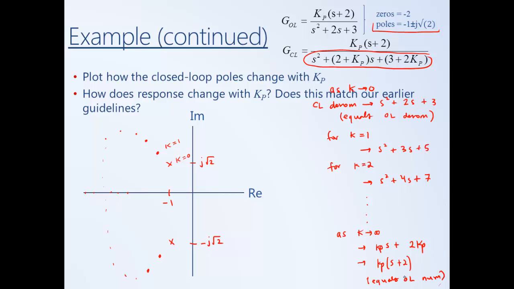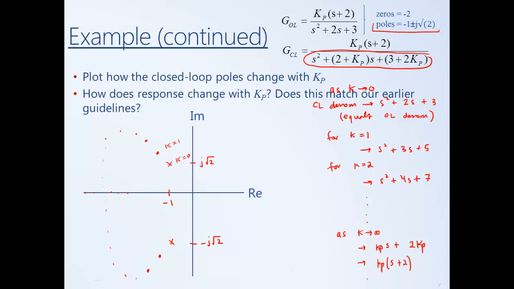So looking at this, as kp becomes large, we get a pole at -2. And we also get a closed loop pole going out that way.